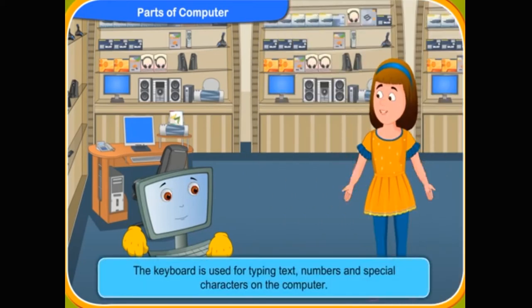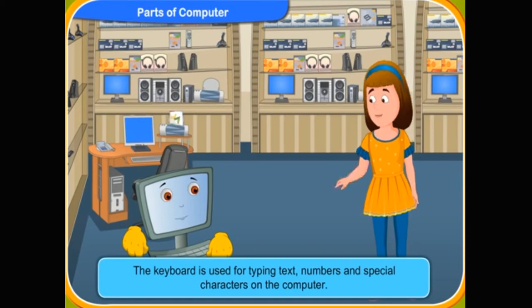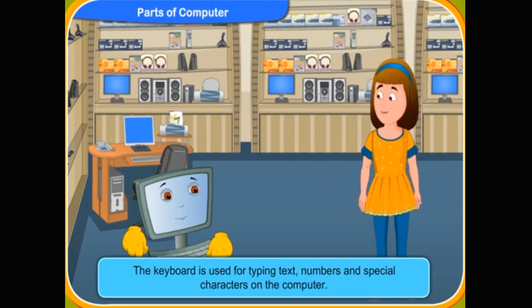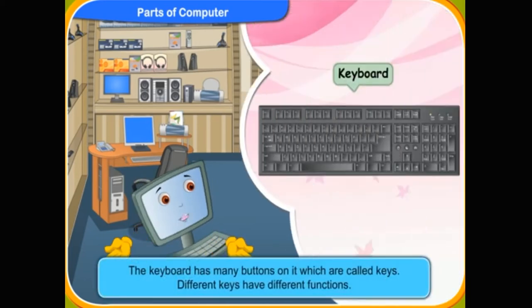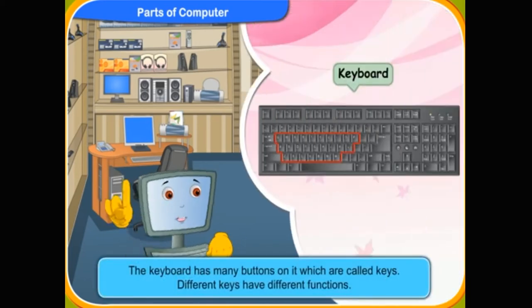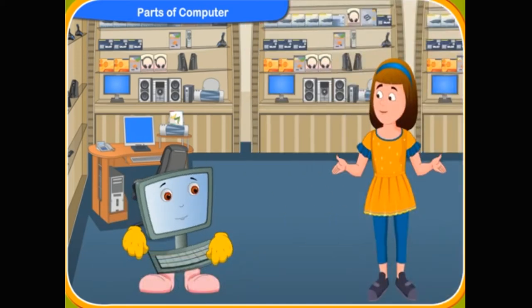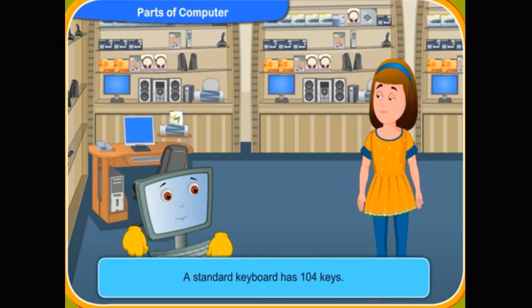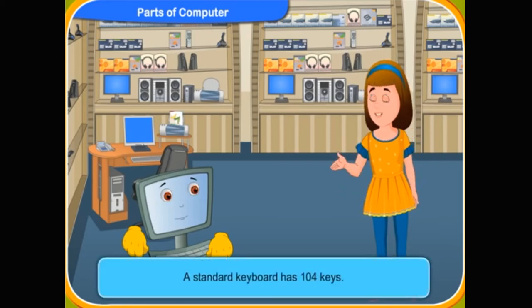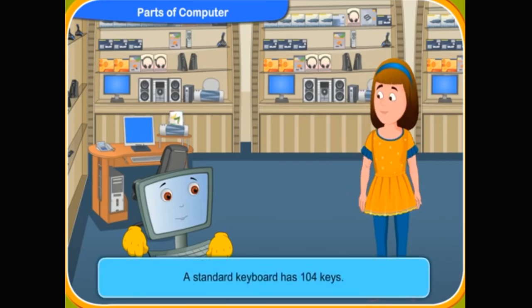The keyboard is used for typing text, numbers, and special characters on the computer. Yes, Rini. The keyboard has many buttons on it, which are called keys. Different keys have different functions. Yes, I remember that a standard keyboard has 104 keys.